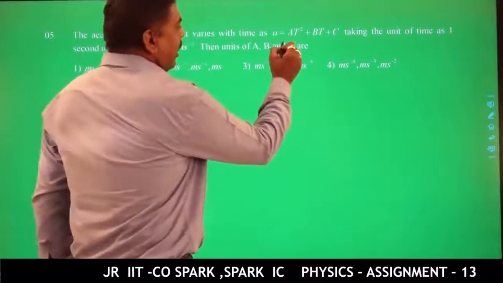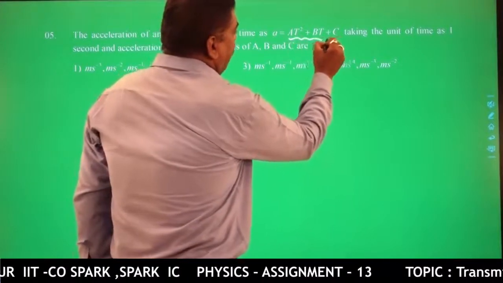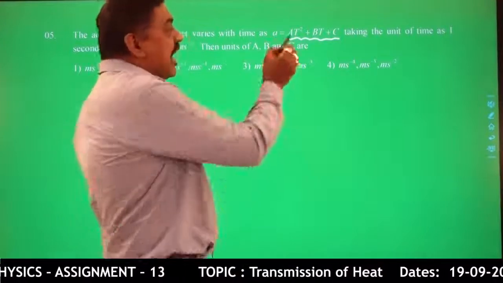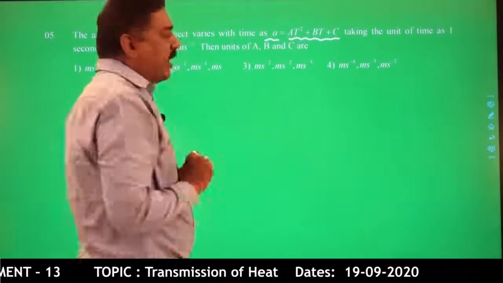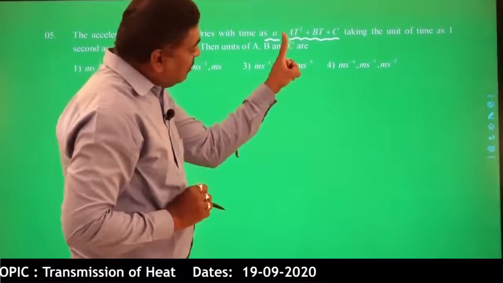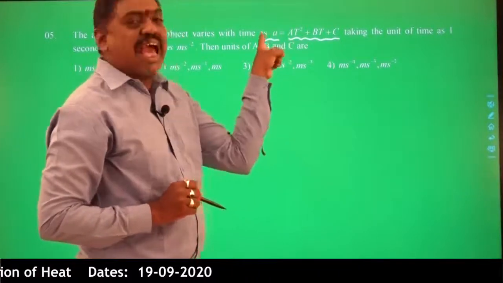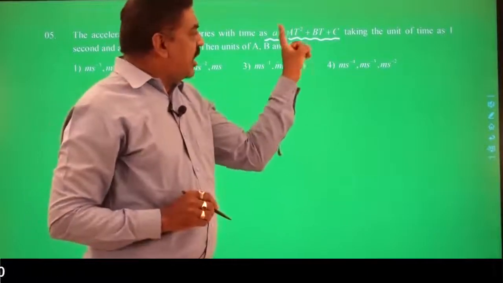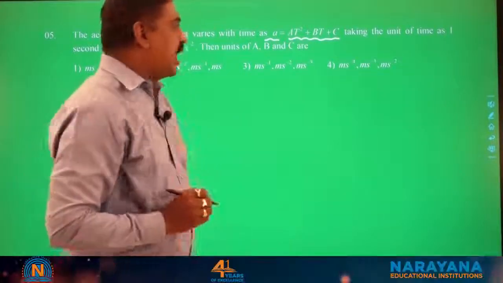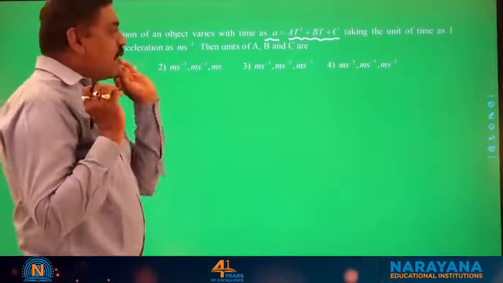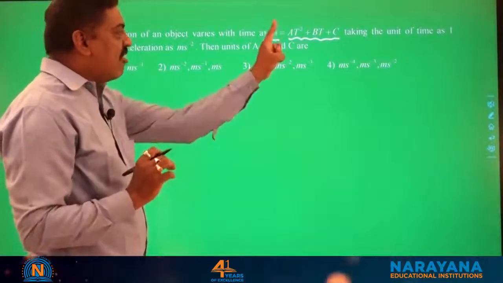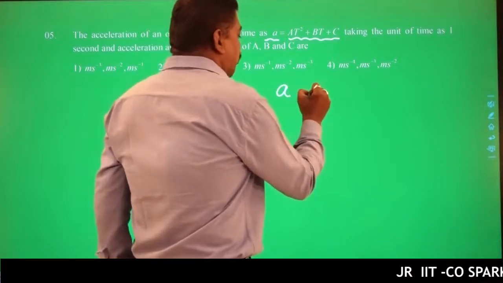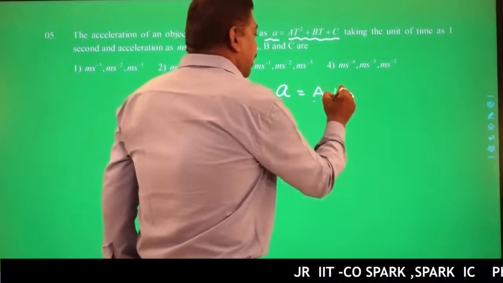Here you are adding A t square with B t and with C, right? Means all the three are having the same dimensions, and we are equating it to acceleration. Means each and every term is having acceleration dimensions. So from the principle of homogeneity I can write, acceleration a is equal to A t square.